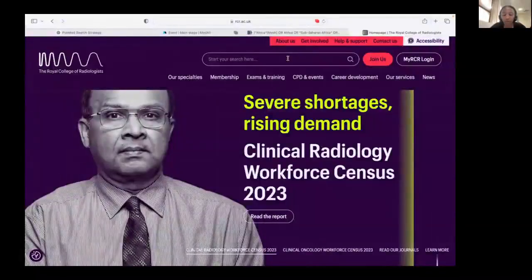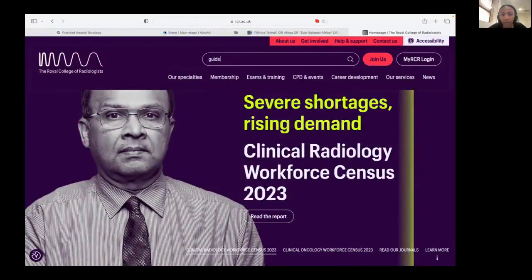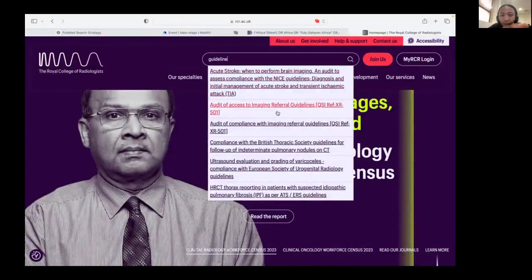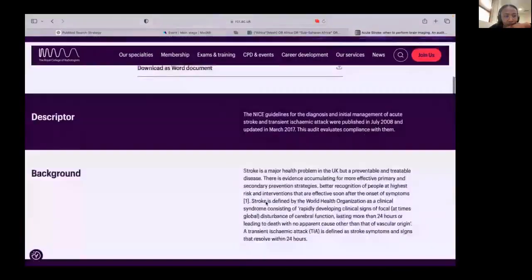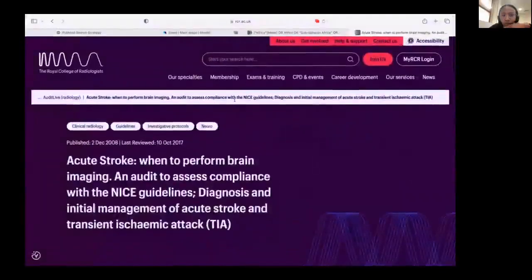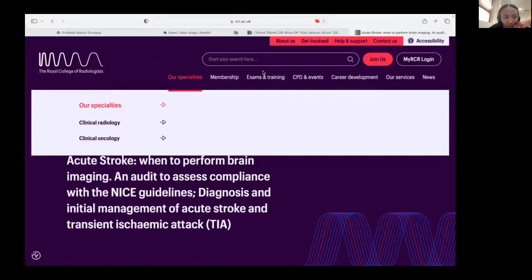So I'm just going to look at any guideline. Is anybody more familiar with their website? Where would they have their publications?